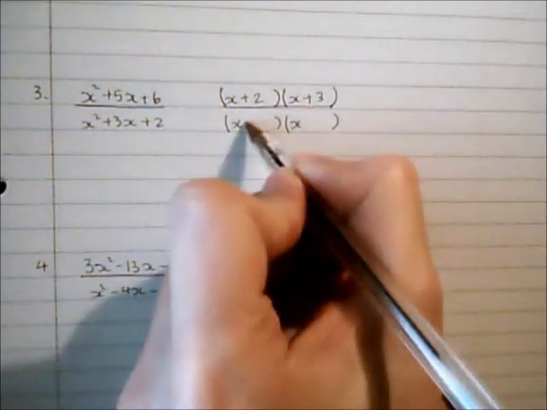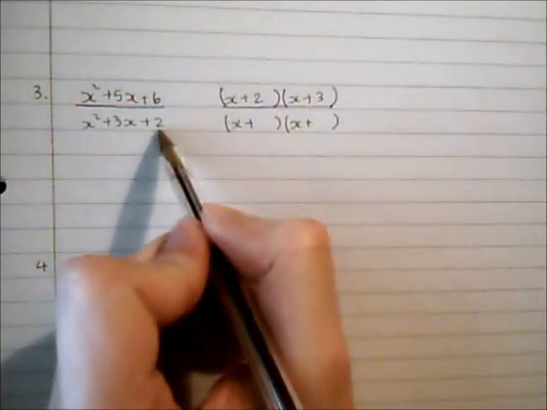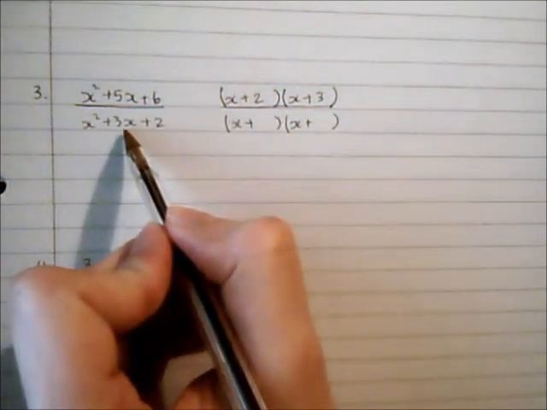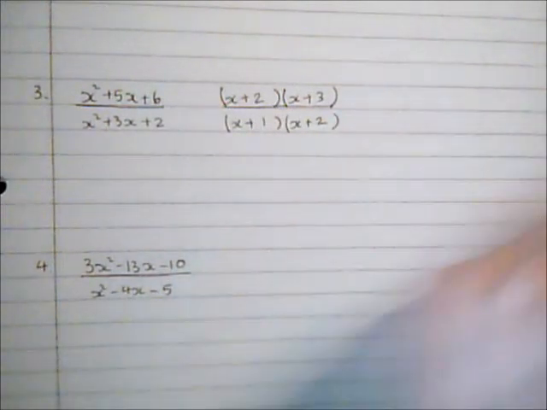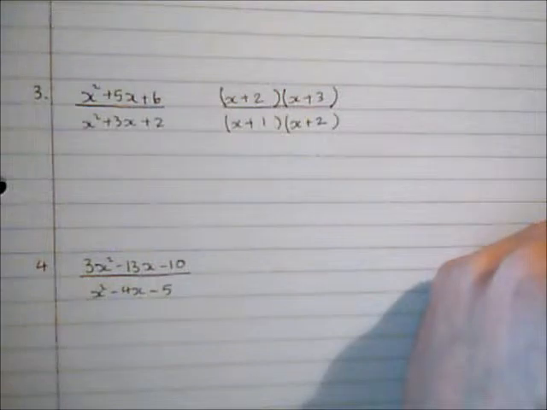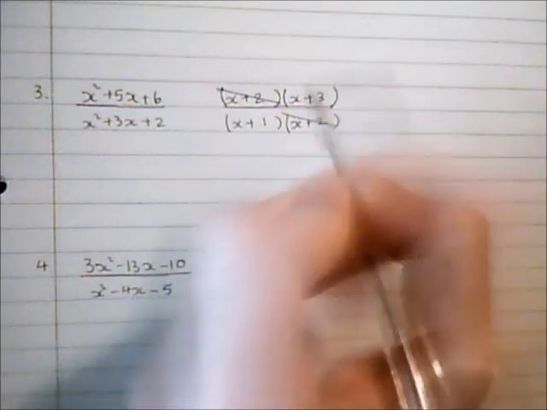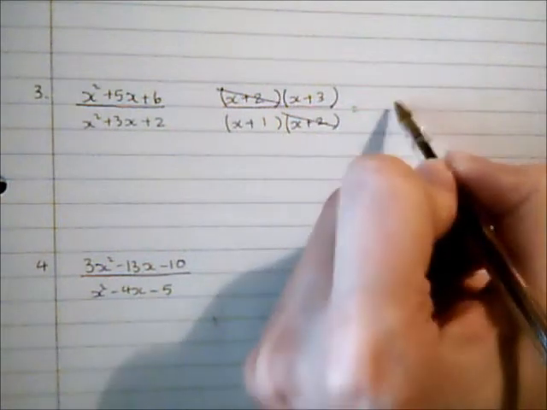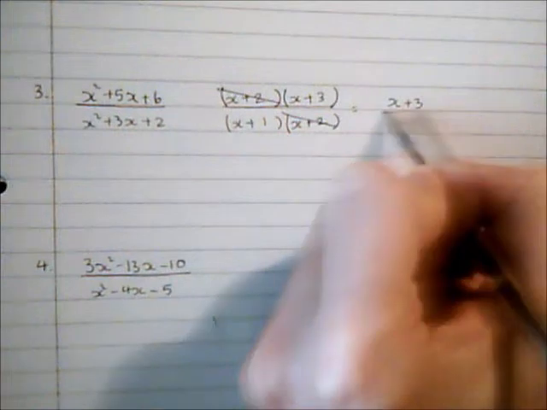Everything's positive, so they're both positive. So I need two things with a product of 2 and a sum of 3, so that will be 1 and 2. And then indeed I have a common factor here of x plus 2, so I can cancel x plus 2 on the top, x plus 2 on the bottom, and that leaves me with x plus 3 over x plus 1.